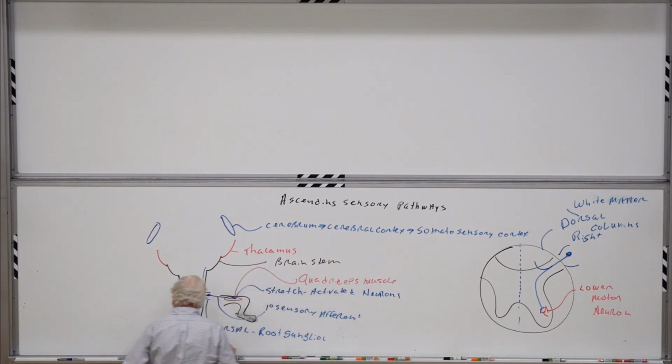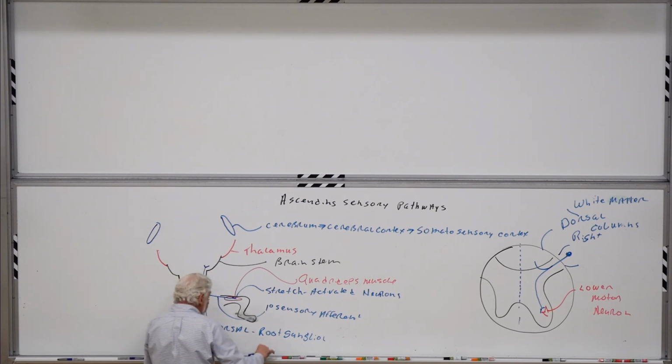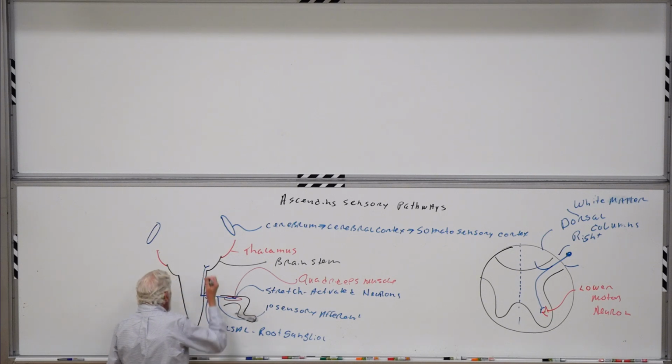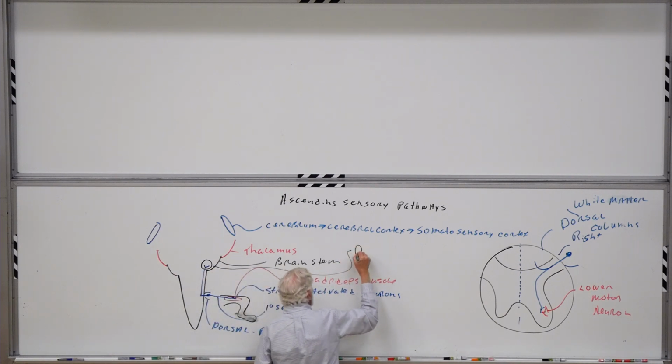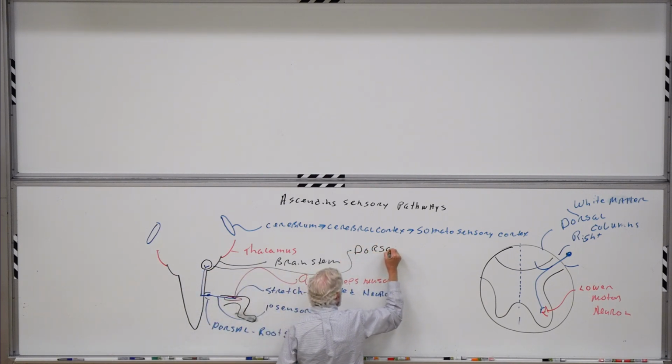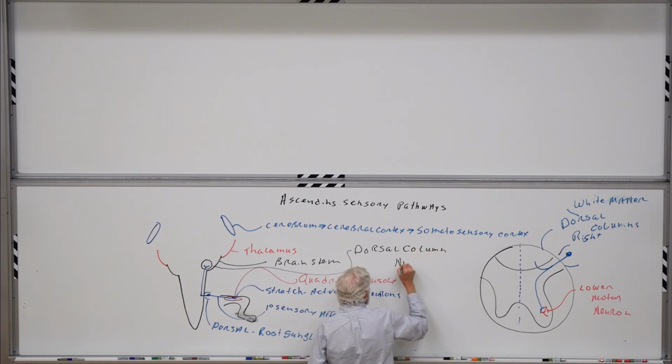The output regions of this blue primary sensory afferent are found in a particular region of the brainstem known as the dorsal column nucleus.